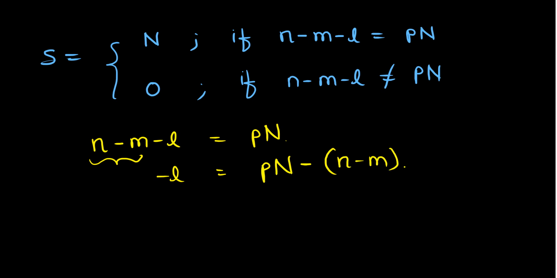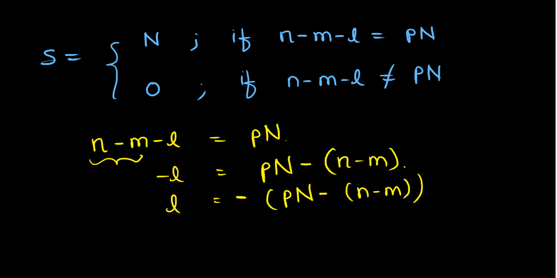So what we can observe is we are going to have an impulse every time. So this L can be written as minus of PN minus n minus m. So we can observe here the value of L, which is given as minus PN minus n minus m.